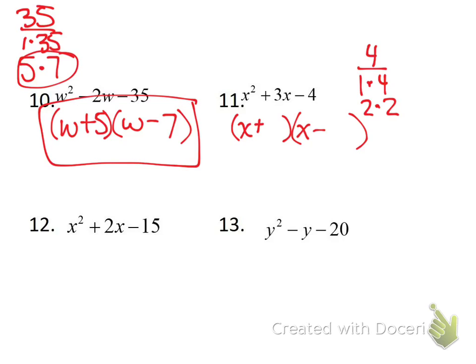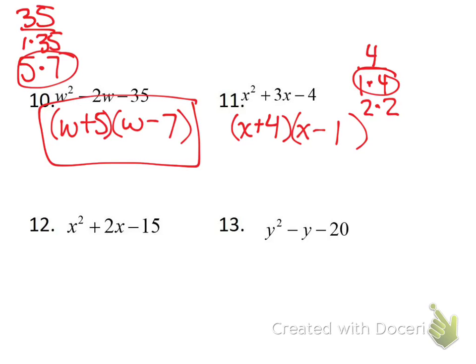Which one of those is 3 apart? 1 and 4 would give us a difference of 3. Which one needs to be positive? 4. So the bigger number gets the sign in the middle. So which of these is bigger? The 4. So the 4 is going to get the bigger sign. The 1 goes with the minus sign.